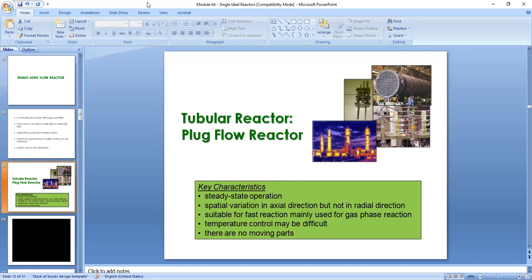So let me just explain what these two mean. If you have a plug flow reactor, I have it illustrated here, and let's say this is the axis of your reactor.